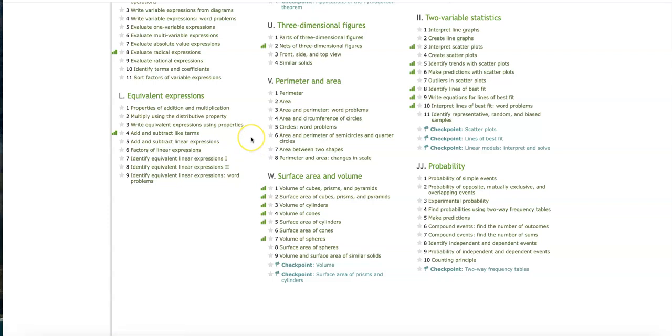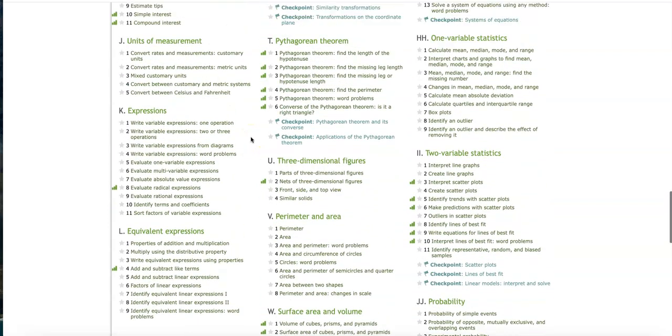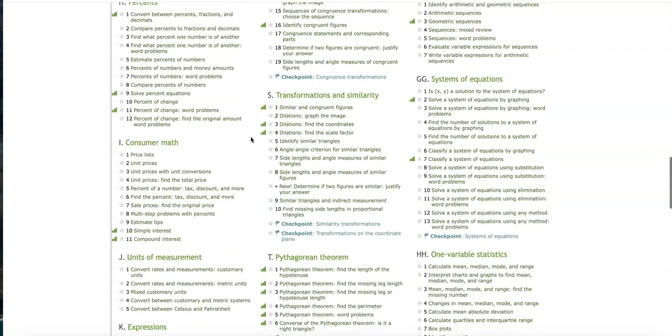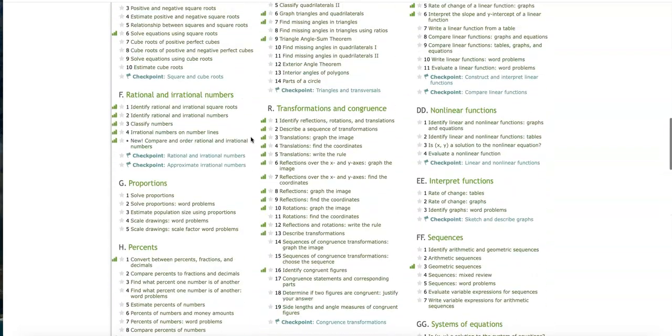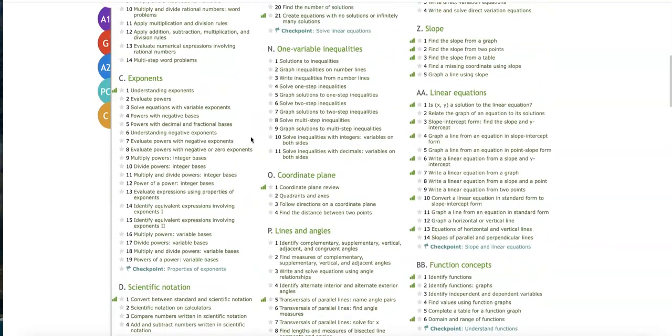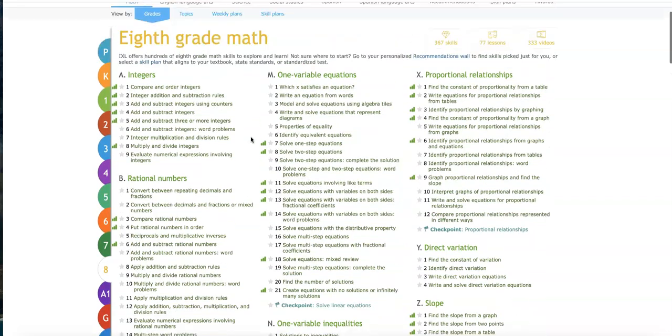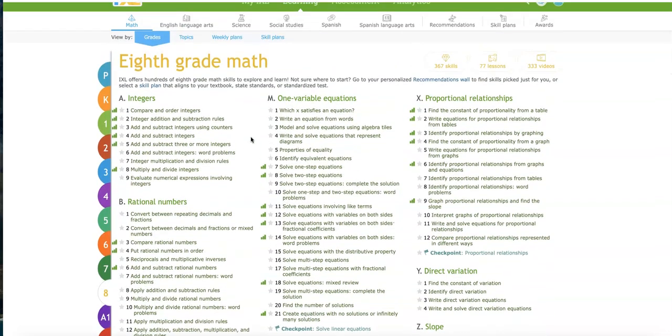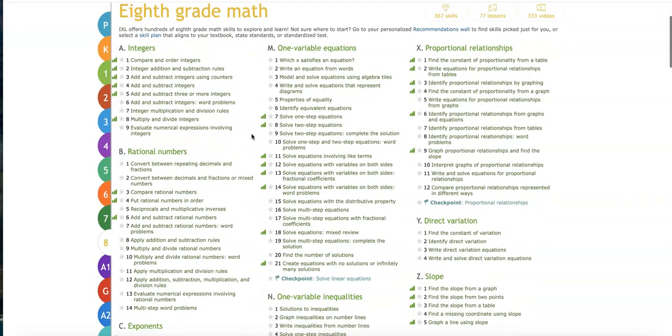If it has a bar, that means some of my students who are registered to me have worked on that assignment. So as you can see, I feel like I use this all the time for the benefit of my students.